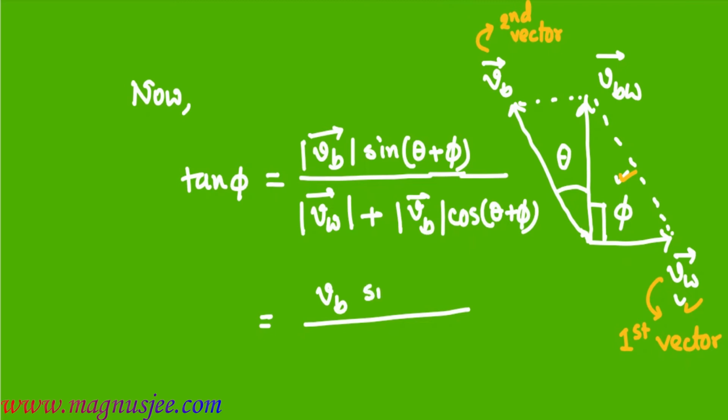Therefore, VB sin(90 degree + theta) divided by VW + VB cos(90 degree + theta).